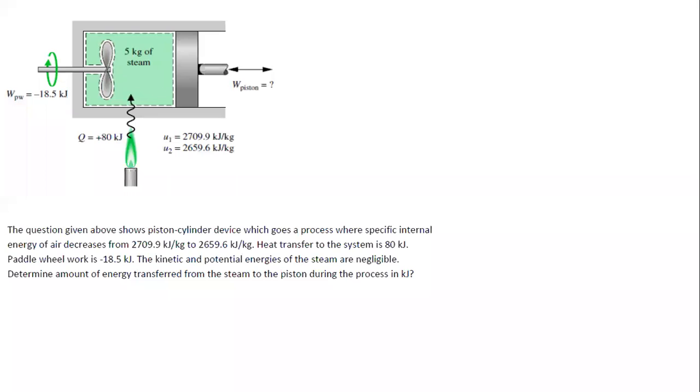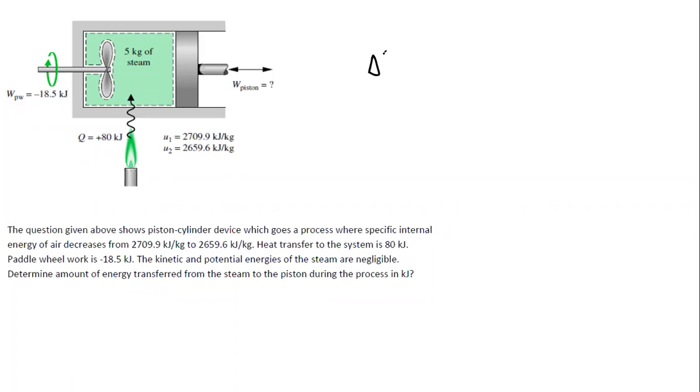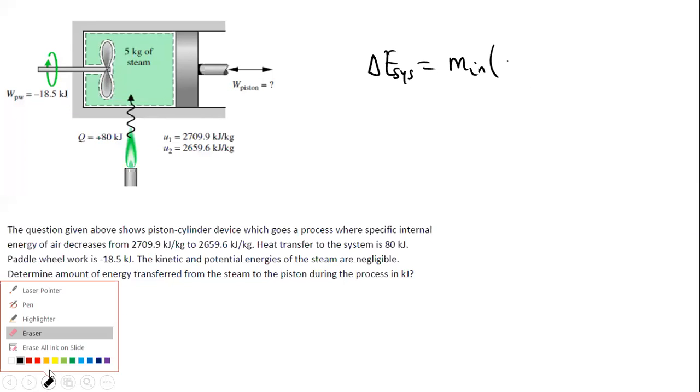And we will again start with the application of the first law of thermodynamics. The first law of thermodynamics states that the change of the system energy will be equal to the mass into the system. I will not write all of the quantities here, but let me write it, because at the end you will memorize the equation.